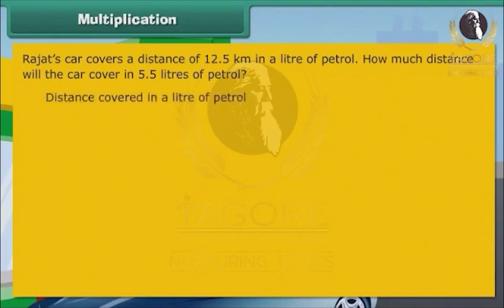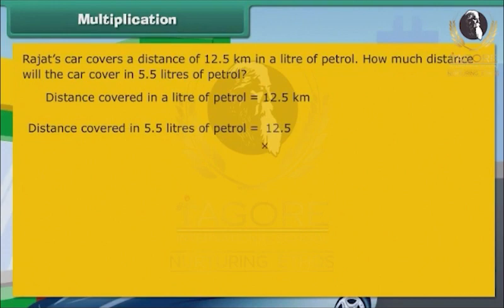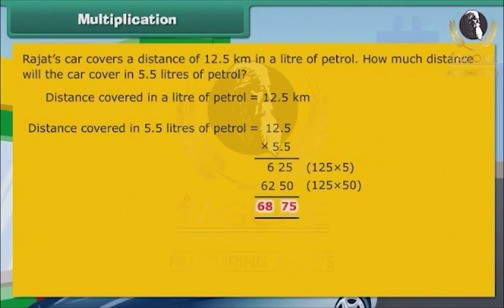Distance covered in a liter of petrol is 12.5 km. Distance covered in 5.5 liters of petrol is 12.5 multiplied by 5.5. First, we multiply 125 by 5. Then we multiply 125 by 50. We add the two products to get 6,875.